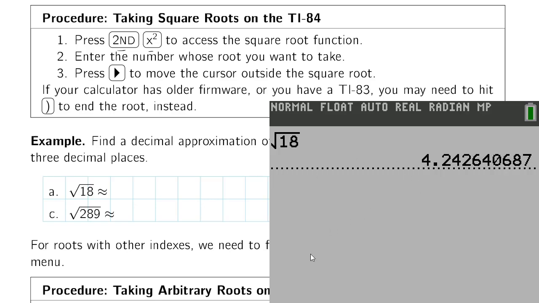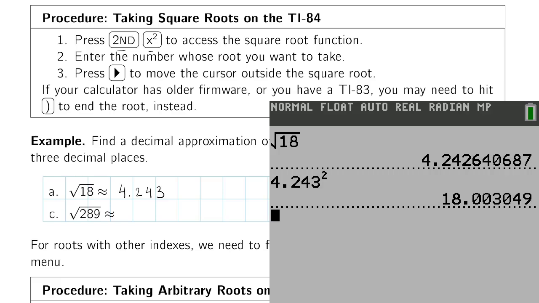I'm told to round that to 3 decimal places. So I'm going to give this answer as 4.243. And notice that that does what I want a square root to do. If I put into the calculator now 4.243 squared, that doesn't give me exactly 18 because I've rounded that number, but it gives me something very, very close to 18.